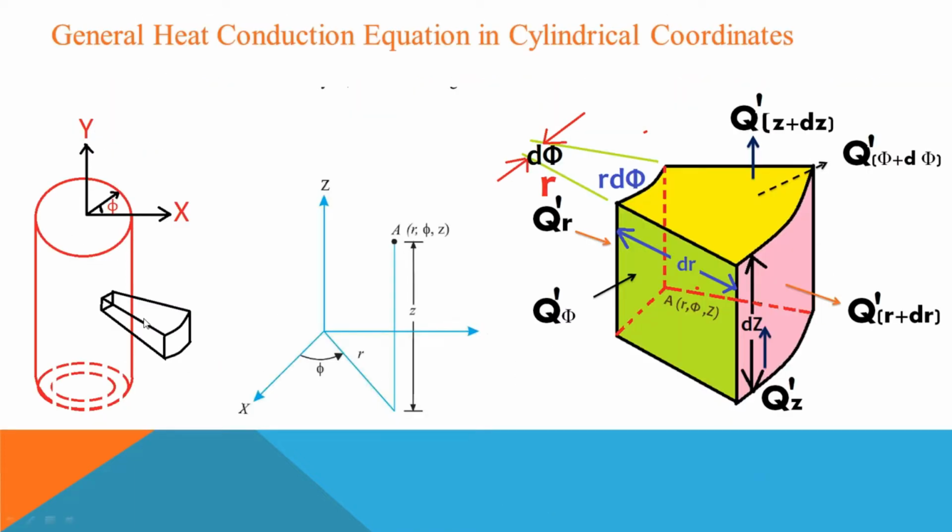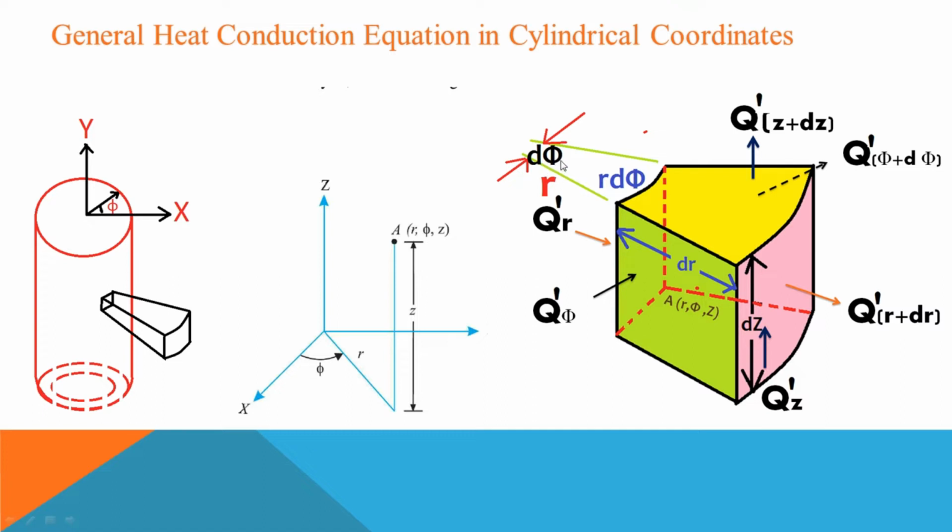Here we are considering a small unit volume of a cylinder whose coordinates are r, phi and z, where r is the radius and phi is the angle of the small portion. We are considering d phi angle for a small unit volume of the cylinder, z is the height of the cylinder, dz is the height of the element, and dr is the thickness of the element.